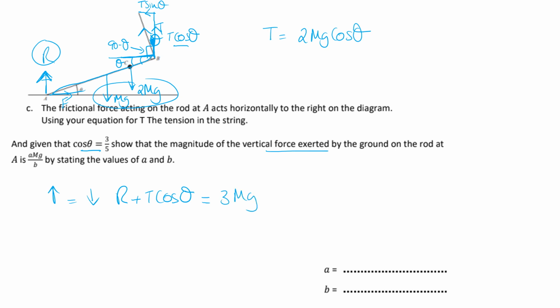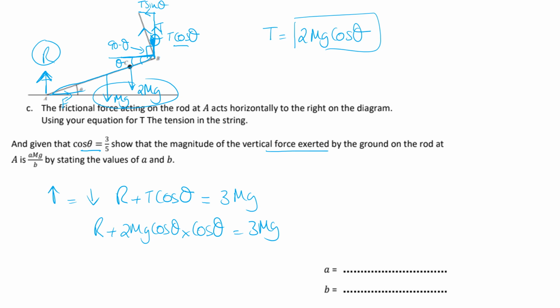Now we already know that T is this, so R plus T, which is 2mg cos theta, times another cos theta is equal to 3mg.